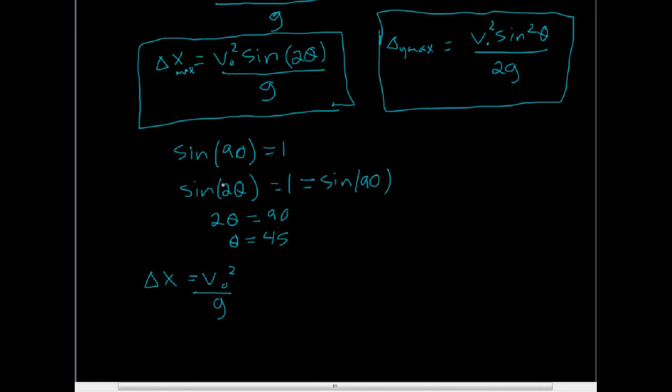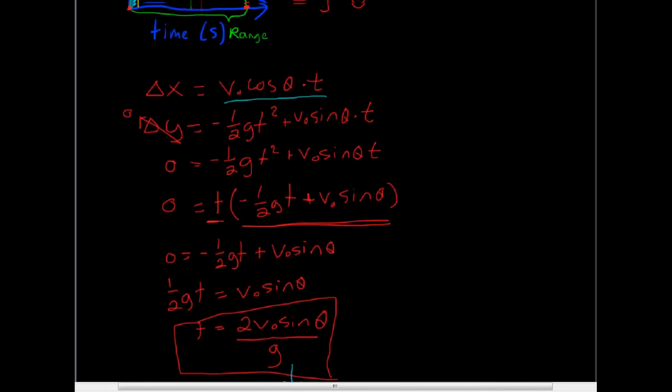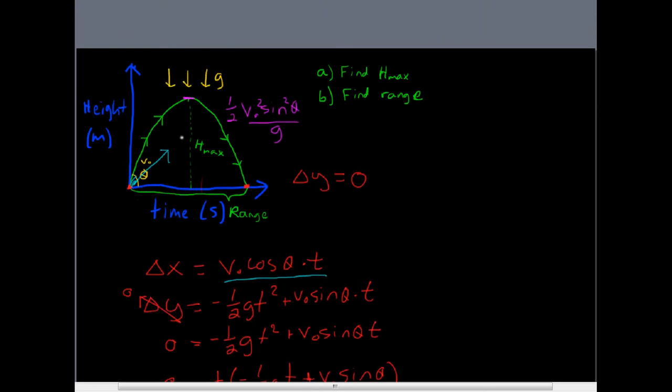And unlike before, when we had 2 theta equals 90, right here we only have theta, which means that the optimal angle to get our maximum height is going to be 90 degrees. And again, that makes complete sense, because if we want something to have its height maximized, we want to divert all of its velocity to an upwards direction. So we want to shoot it straight up, so that way it'll have its maximum height.